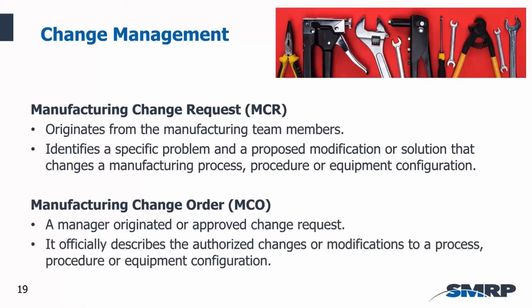It officially describes the authorized changes or modifications to a process, procedure, or equipment configuration. And again, this is an important aspect, is the authorization has to come from the accountable person. We don't want to have many people making decisions and making changes. We want one person to be accountable for those changes.